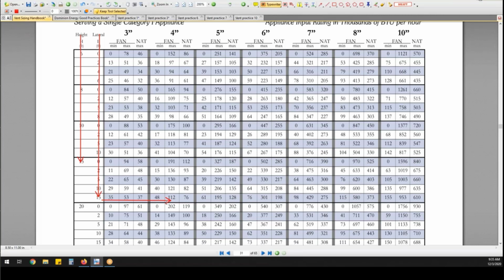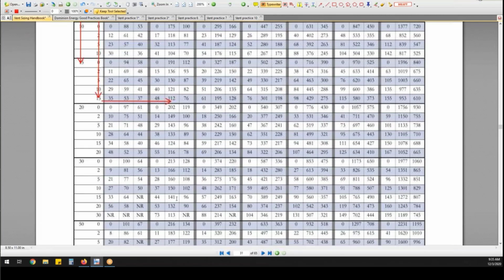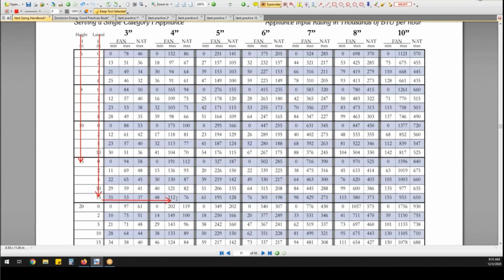Let's say I wanted to try to go over to 5-inch or something, and again with a single appliance, you basically have one pipe essentially, and this is how you size them. So if you were going to try to move that up to a 5-inch, the whole thing, well, I don't meet my minimum requirement of heat.